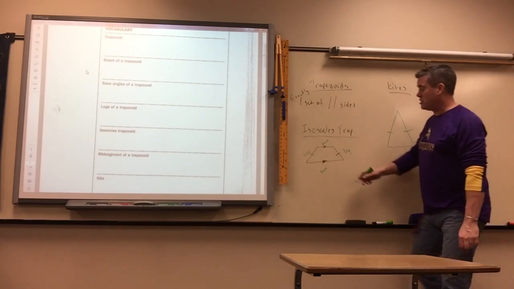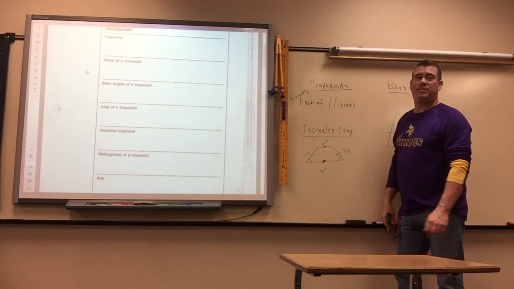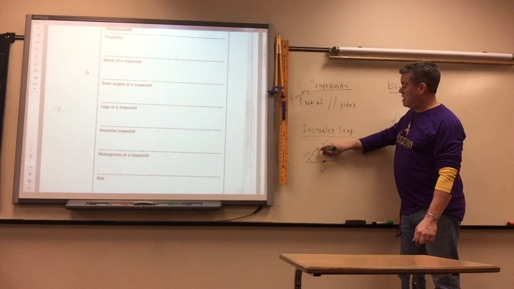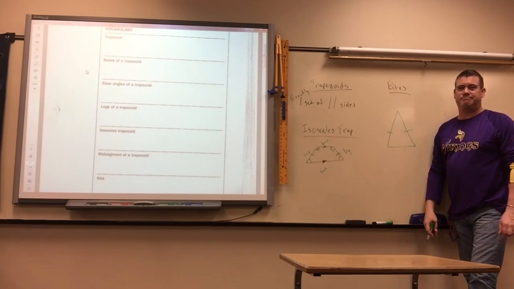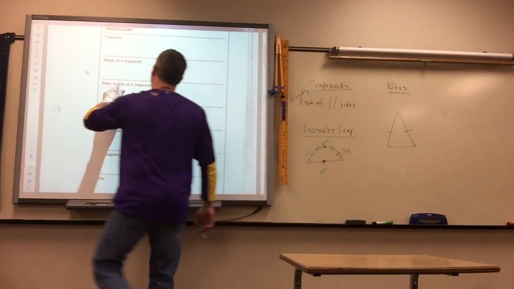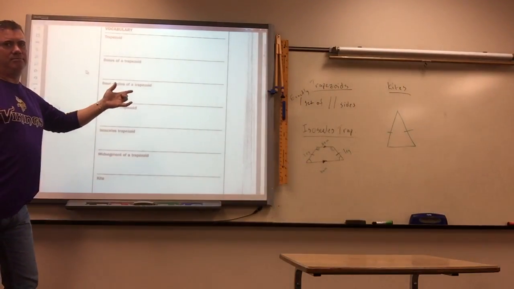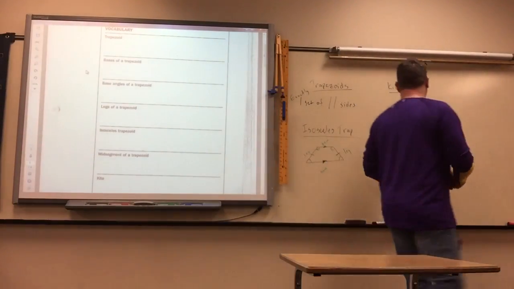They're the same. So the same thing here. This angle is going to equal this angle, and these two angles are going to equal each other. Okay? Those are called the base angles. Okay? So there's really not much to trapezoids.